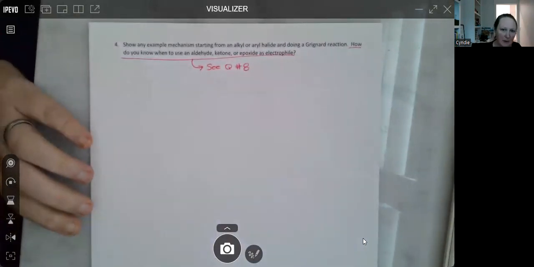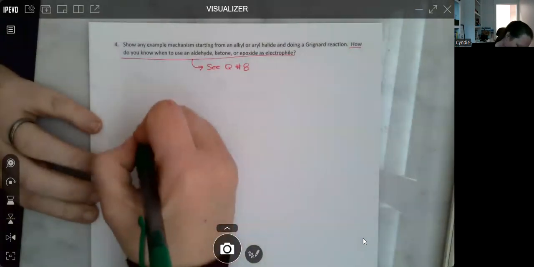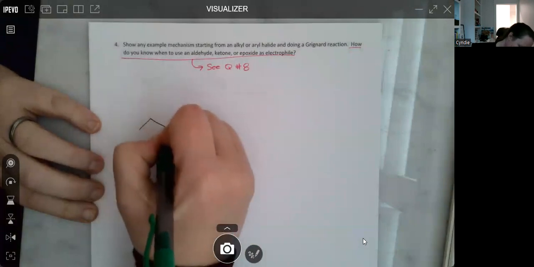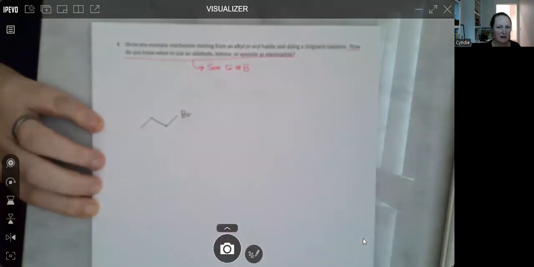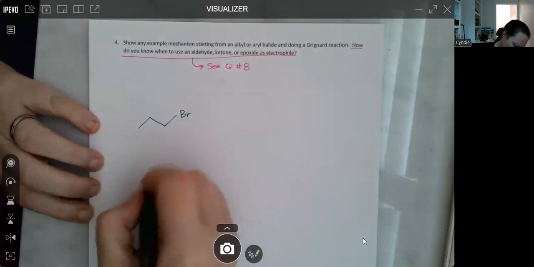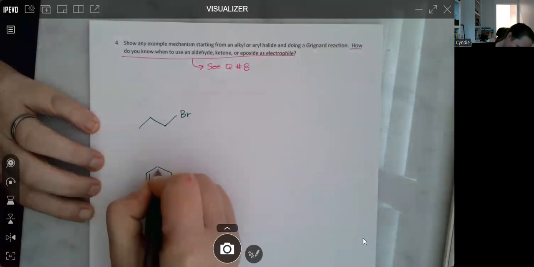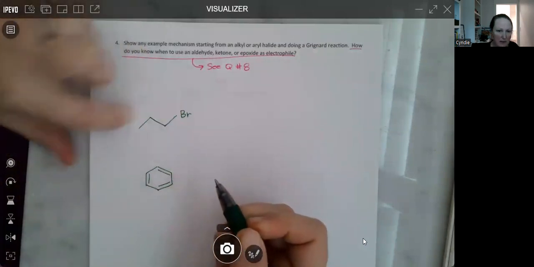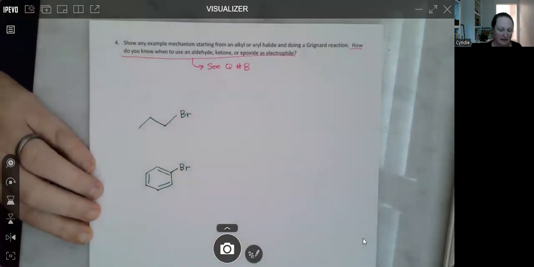Okay, so an example mechanism starting from an alkyl or aryl halide. An alkyl halide would just be any alkyl group, could be primary, secondary, or tertiary. And an aryl group would be an aromatic ring directly attached to the halogen. So that would be an alkyl, and again, it can be anything, primary, secondary, tertiary. Here's the aryl case.